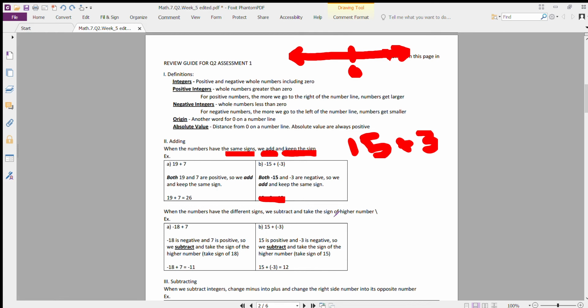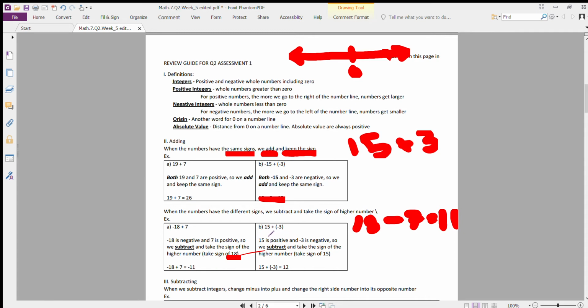Now you might be wondering, where does that come from? Think of this: 18 subtract 7 and you get 11. That's where the 11 comes from. Now we use the sign of the higher number, in this case 18. What is the sign of 18? It's negative. So your answer is negative 11.